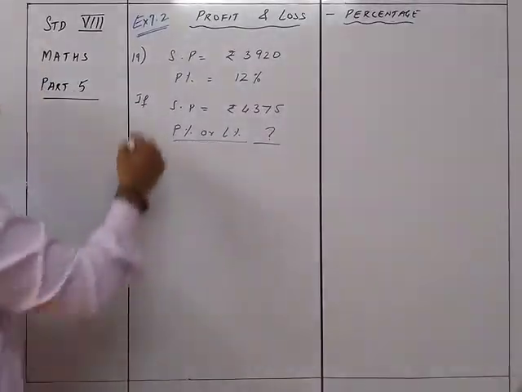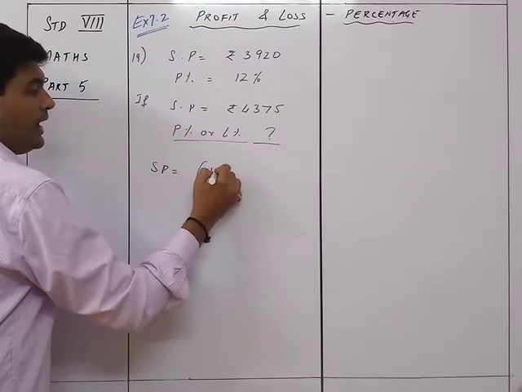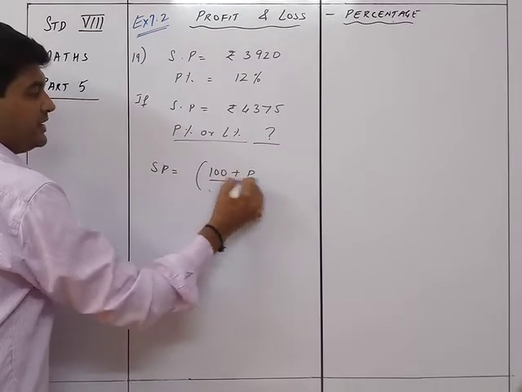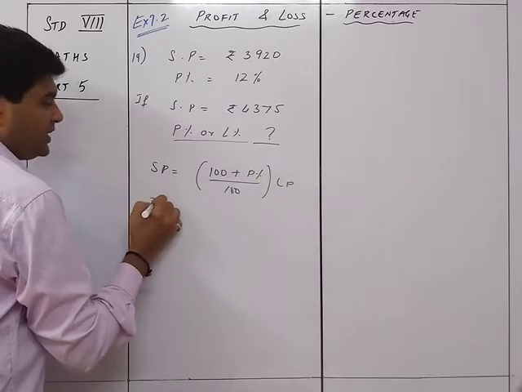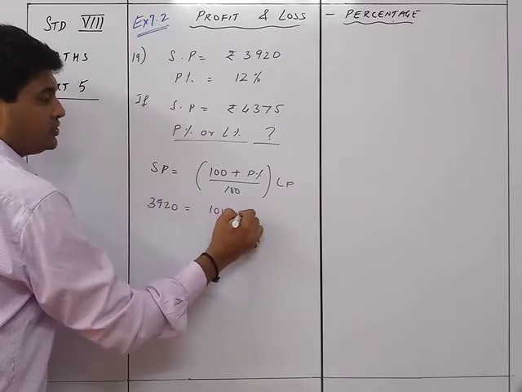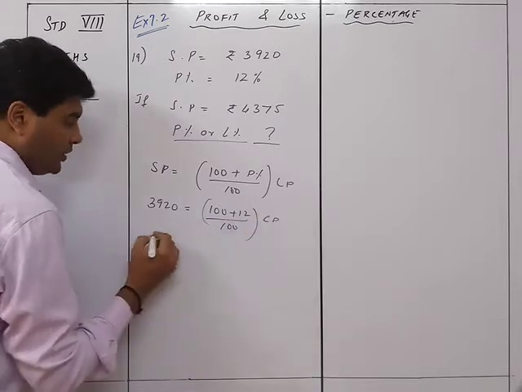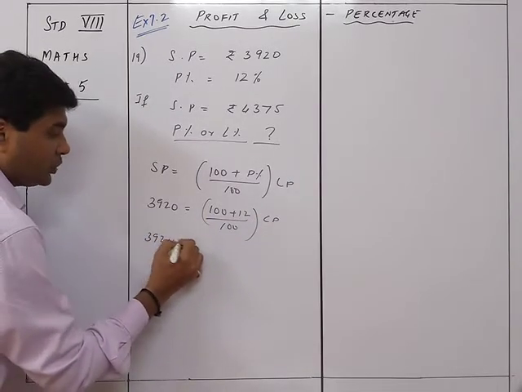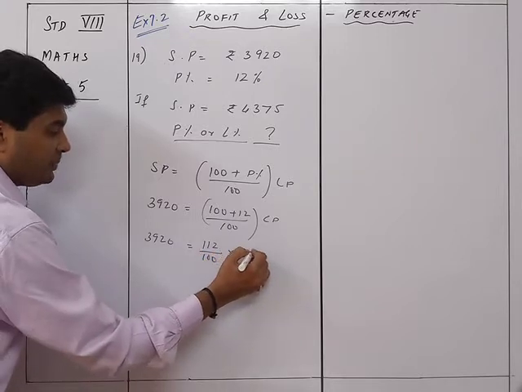So we have SP is equal to (100 plus P%) upon 100 into CP, that is 3920 is equal to (100 plus 12) upon 100 into CP. Therefore 3920 is equal to 112 upon 100 into CP.